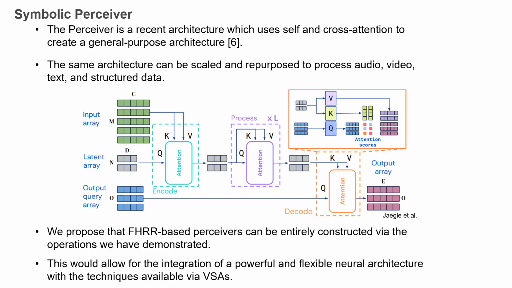So one of the things they showed is that they can actually use this architecture to process StarCraft units and data as they used in their RL architecture. And since we've demonstrated these initial results that show that we can create all the ingredients necessary to implement the architecture they showed, we can, again, create this whole thing out of components that are integratable with vector symbolic architectures and also potentially have neuromorphic implementations.